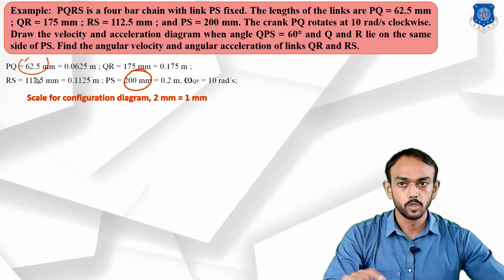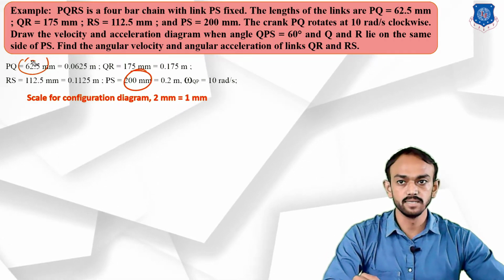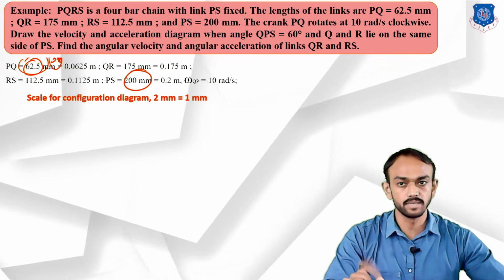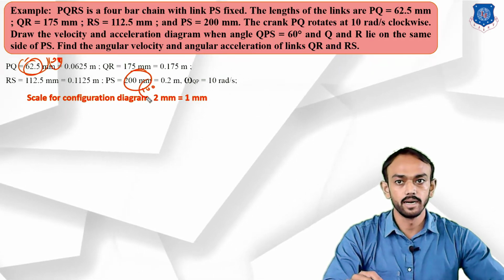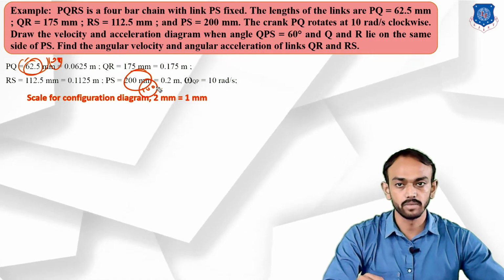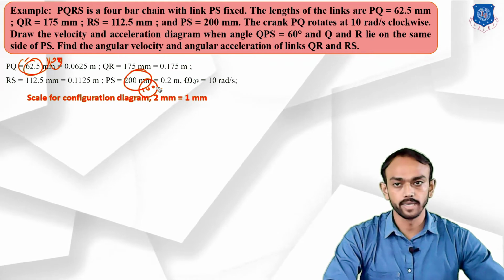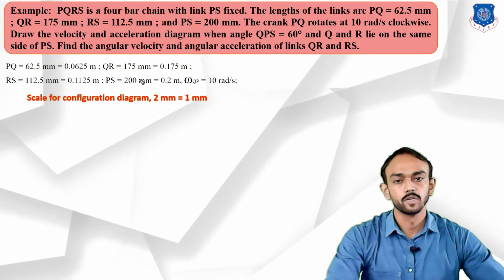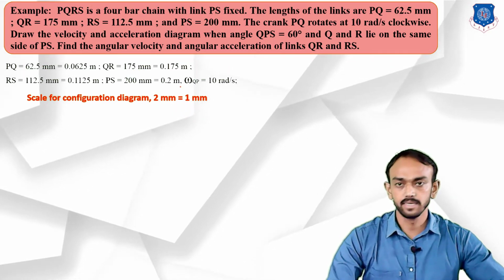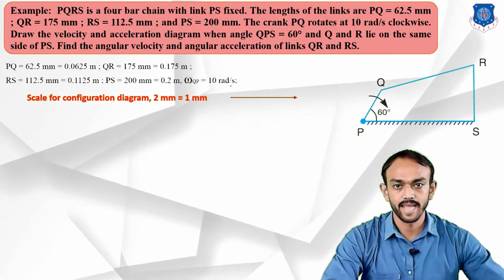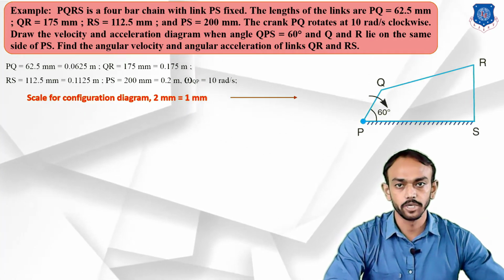So 2 mm equal to 1 mm means the small link will be drawn around 31 mm, 3 centimeters, and the largest will be 100 mm, 10 centimeters, which is suitable to draw in our notebook. So let's start, and you make this whole arrangement like this because the angle is given as 60 degrees and PQRS.